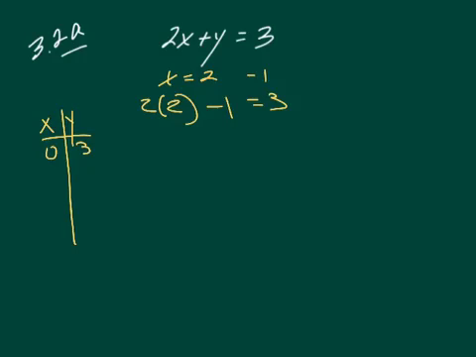I can put a 1 in here for x. 2 times 1 is 2, plus 1 is 3. I could put in a 2 for x like I did earlier and get a -1. I could put a 3 in here for x and get 6 plus -3 equals 3. So the list goes on and on and on.